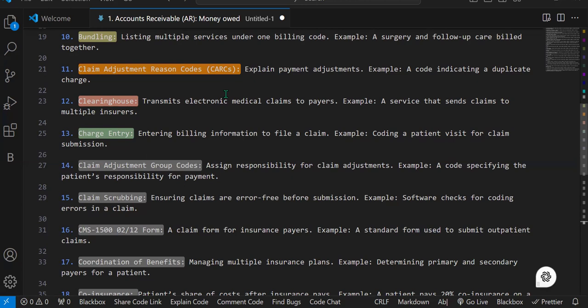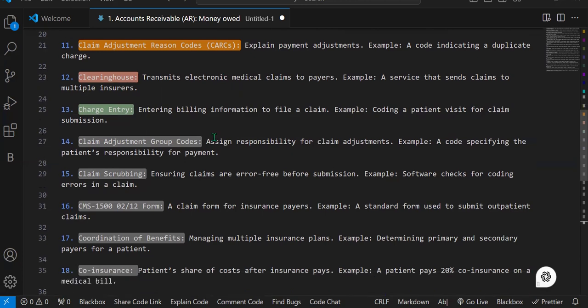The 16th one is the CMS 1500 02/12 form. What is CMS? CMS means Centers for Medicare and Medicaid Services. It is a claim form for insurance payers, a standard form used to submit outpatient claims. What is outpatient?